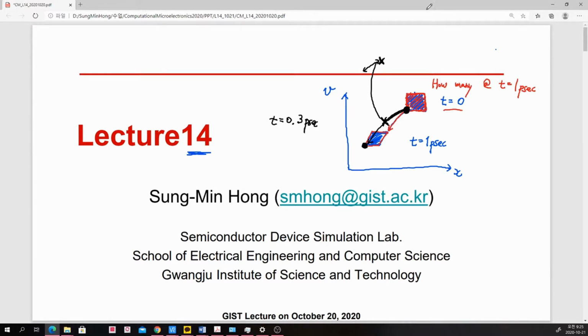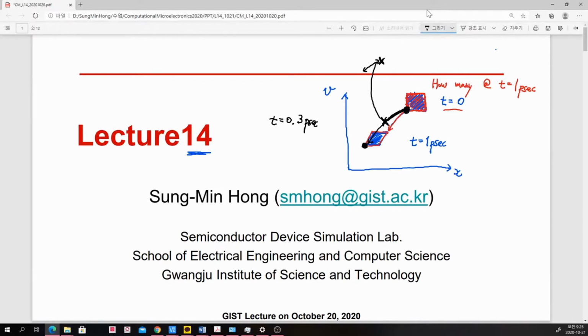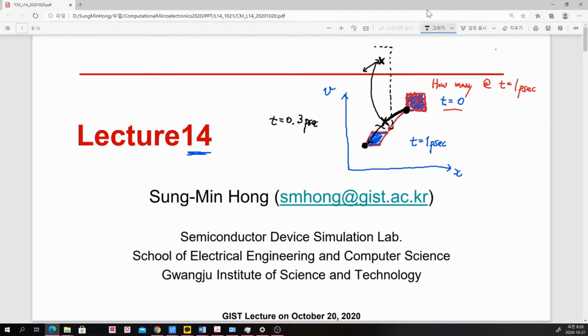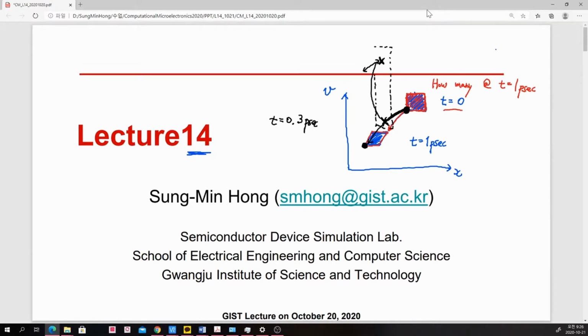One phase is a normal motion according to Newtonian motion, and the other is an instantaneous interaction between our electron and the environment, which is described by the scattering event.